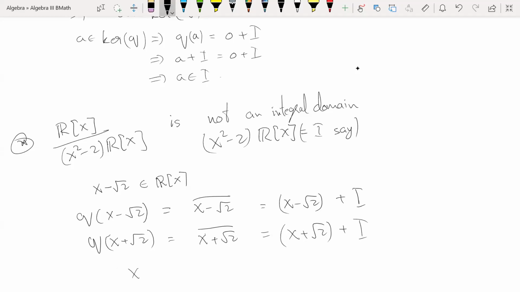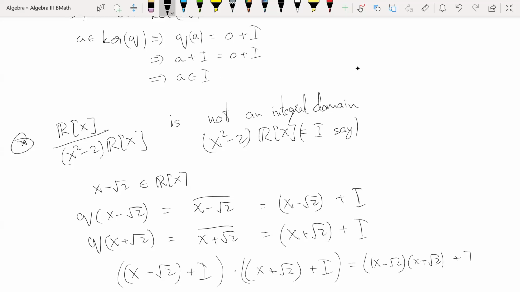You get x minus square root 2 plus I times x plus square root 2 plus I. That is the same as multiplying these two and then putting I there, which is x square minus 2 plus I. But the ideal generated by x square minus 2 is contained in I, so this is 0 plus I. That tells you that the product of these two is the zero element of this quotient ring.